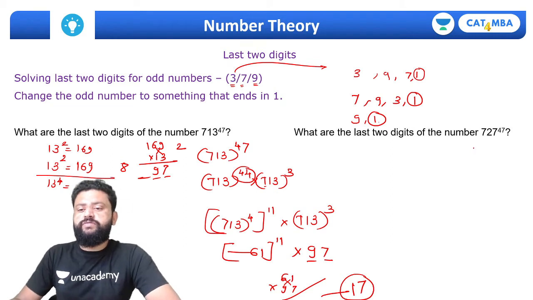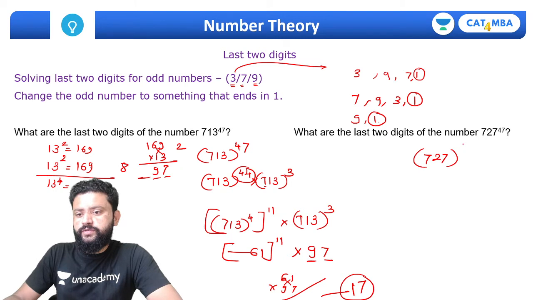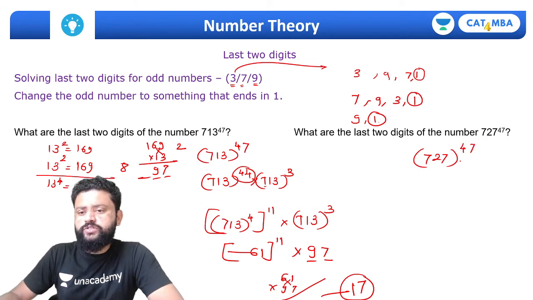So same way, if I want to calculate this 727 to the power 47, how can I solve this?